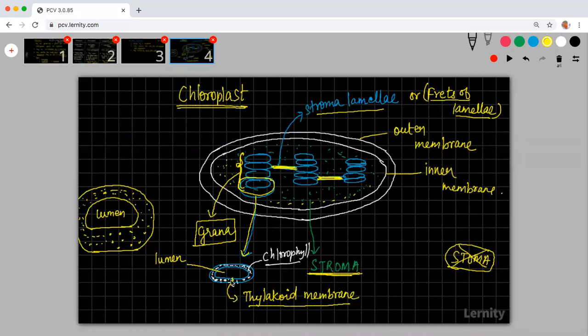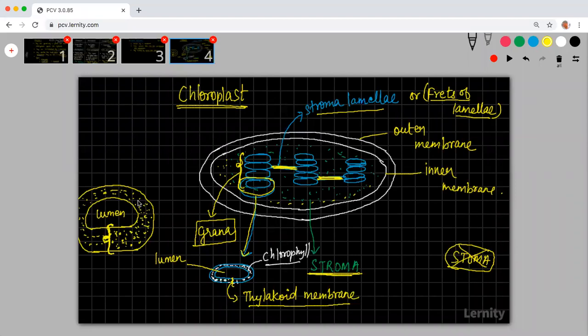Both the membranes together, we call the thylakoid membrane. In between the thylakoid membranes you have the chlorophyll.